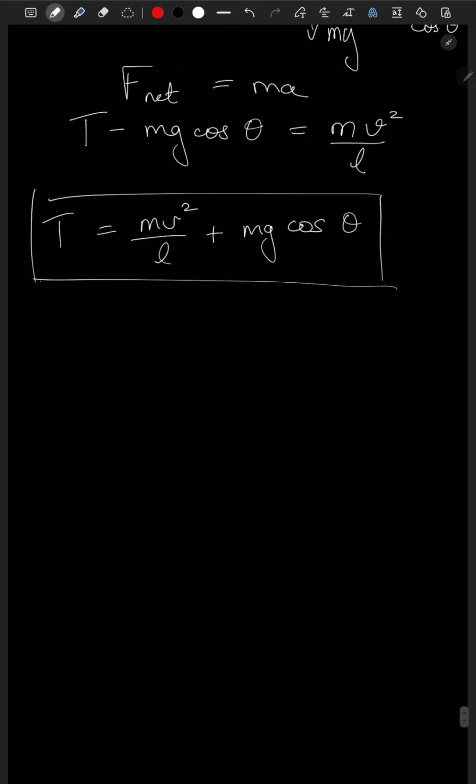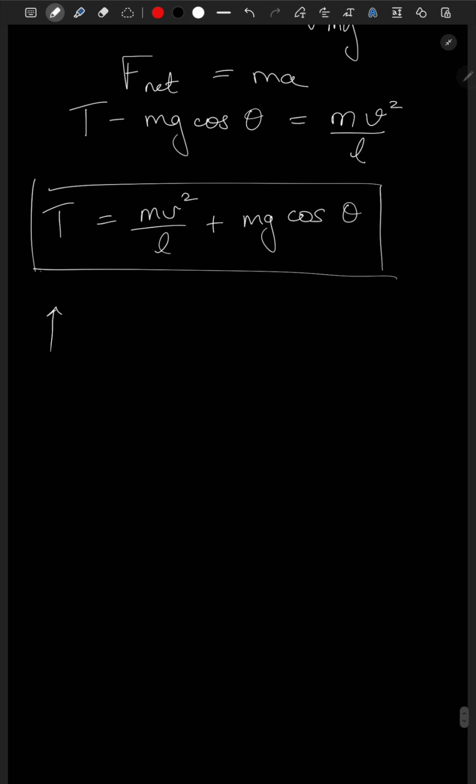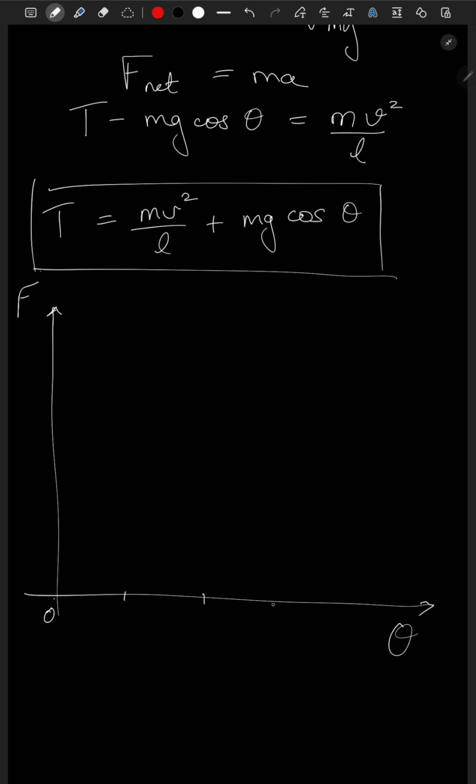So if we want to plot a graph of the force against the angle theta, let's suppose theta is 0 and we take intervals of pi by 2.